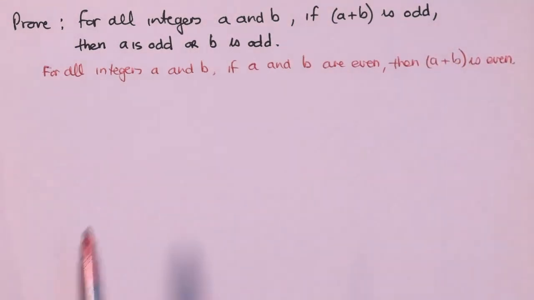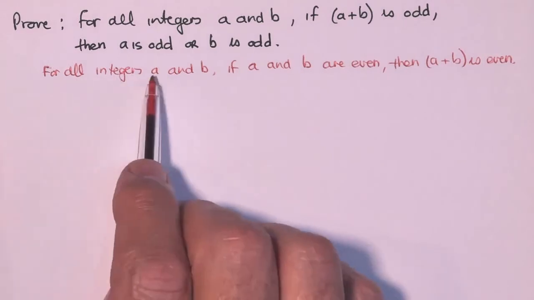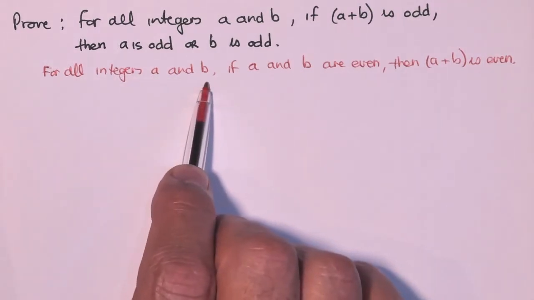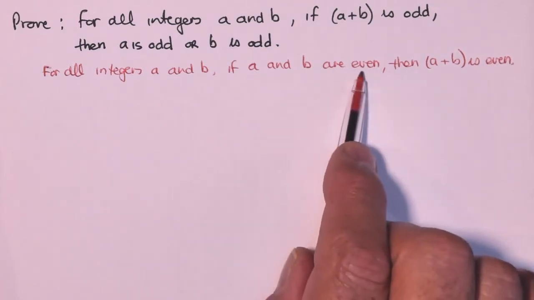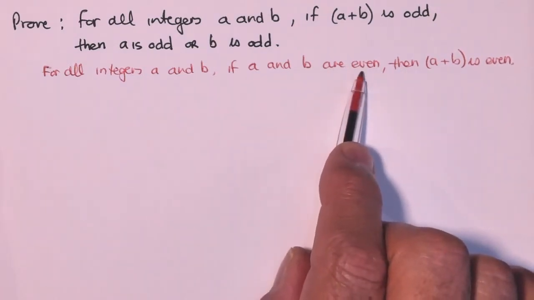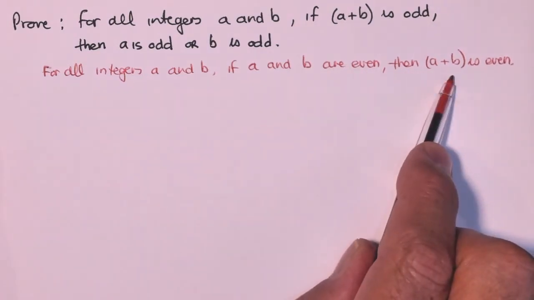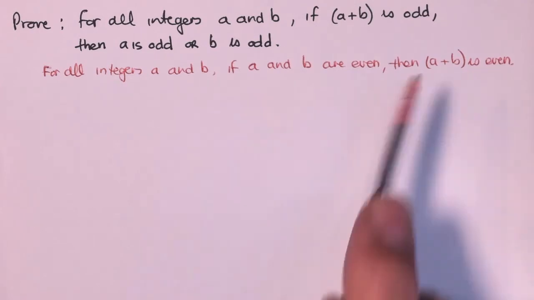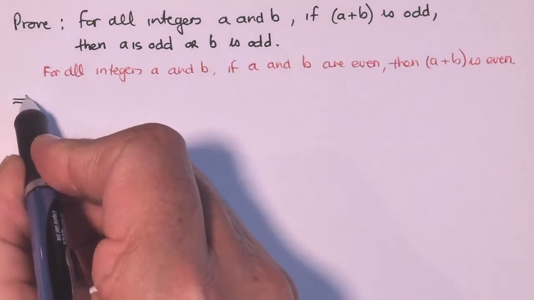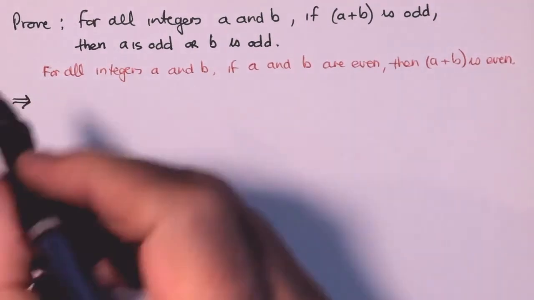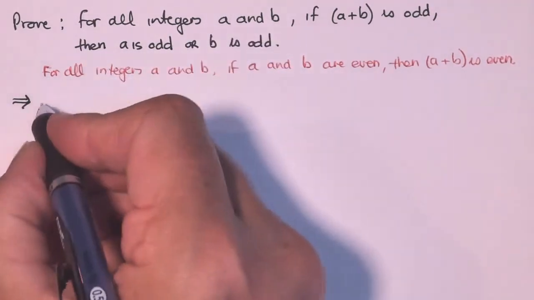So the structure of the proof will be as follows. We're going to introduce what a and b is, that they're integers. We're going to assume that they are both even, and then we're going to move towards proving something about their sum. Okay, so let's start with our proof over here. We're going to introduce our variables.